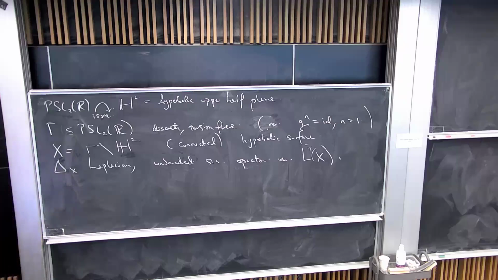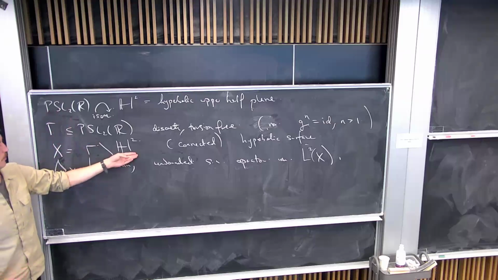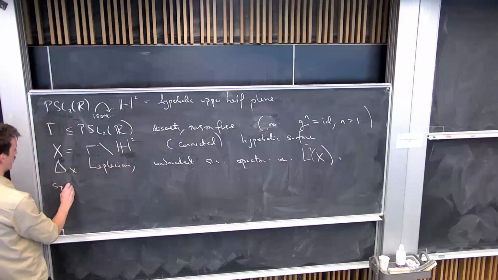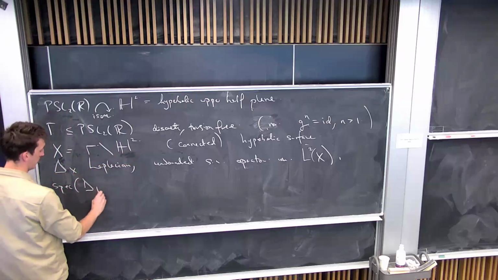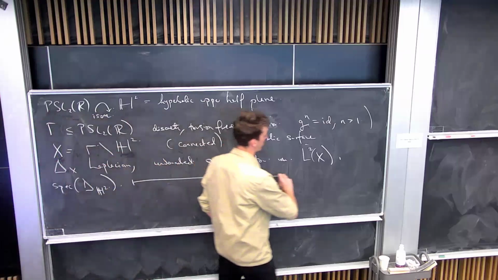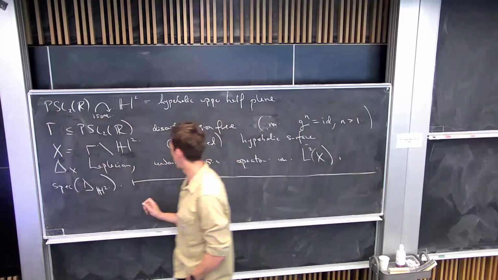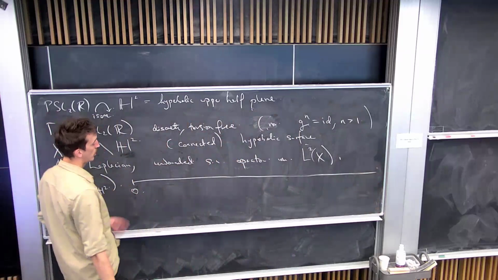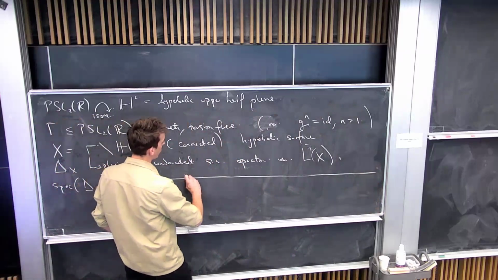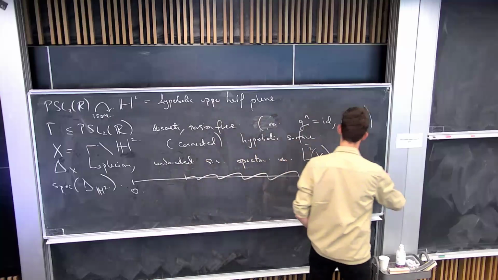Well, the simplest example of a surface is where gamma is just a group with one element in it, the identity. Then my hyperbolic surface is H2 itself. So what does the spectrum of the Laplacian on H2 look like? It's a non-negative operator, so the spectrum is absolutely continuous between 1/4 and infinity.